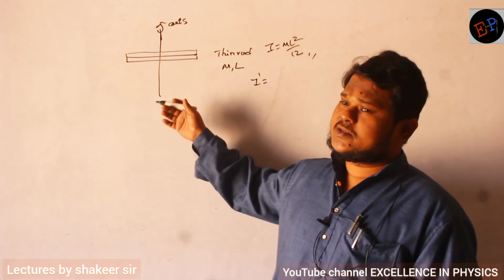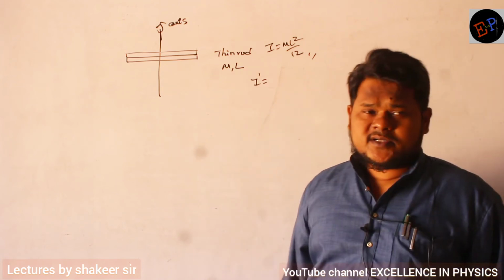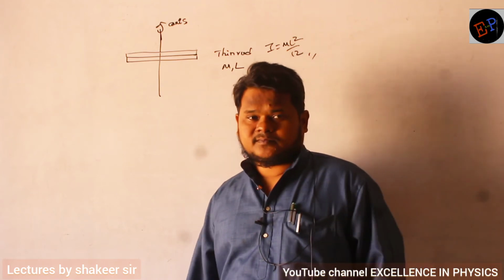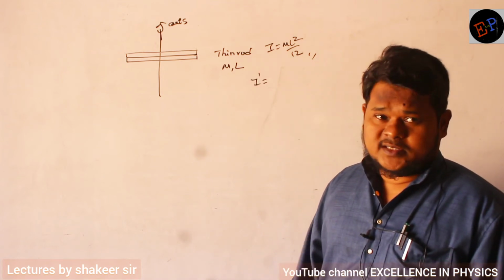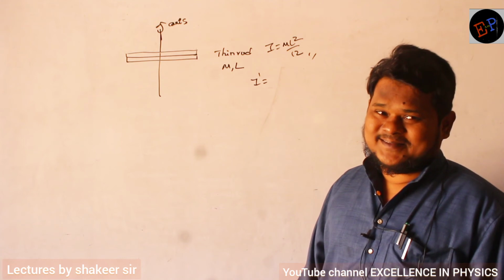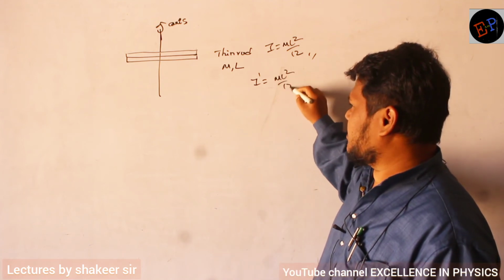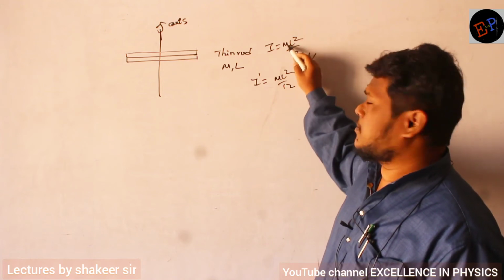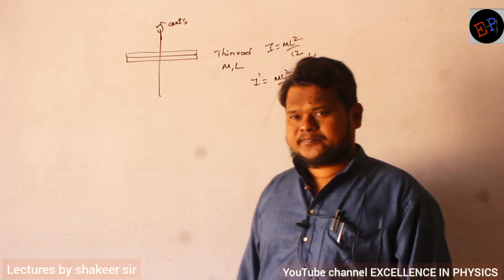And axis is passing through the second rod also. Now what will be my equation for moment of inertia? ml square by 12. Nothing will change. Moment of inertia remains ml square by 12. But here m was the mass of a single rod, and now this is the mass of both rods.